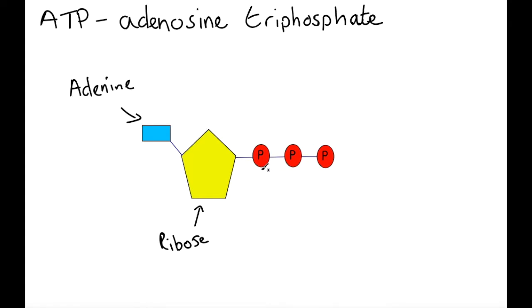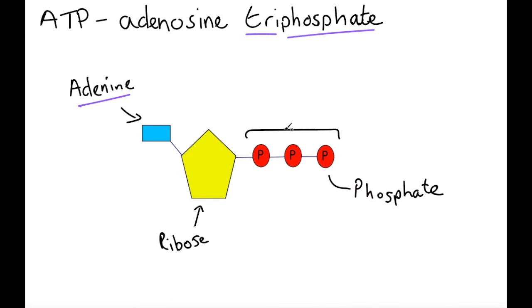And you have these three little P's here, which are drawn as circles. And each one of these is the phosphate. And because there's three of them, you get your adenosine, which is here, triphosphate. Okay, and this is ATP itself.